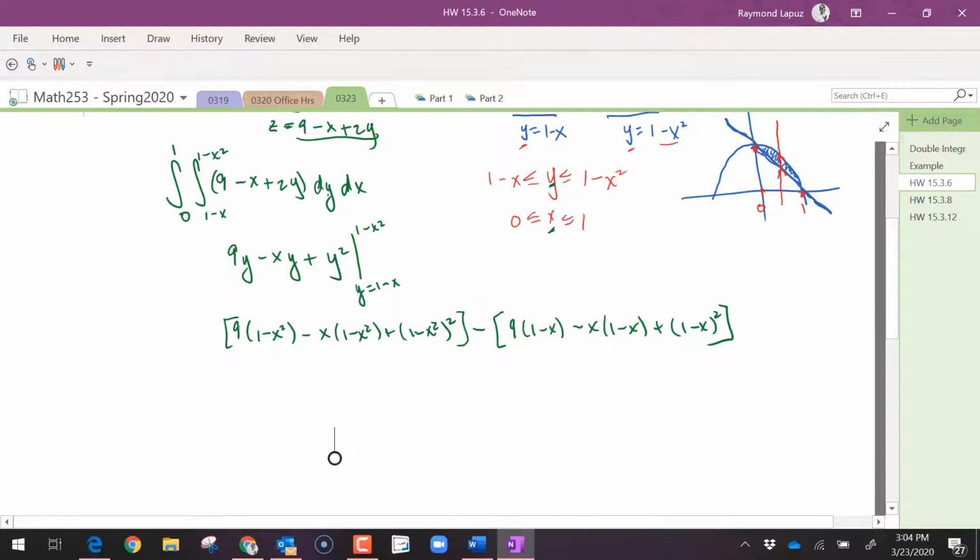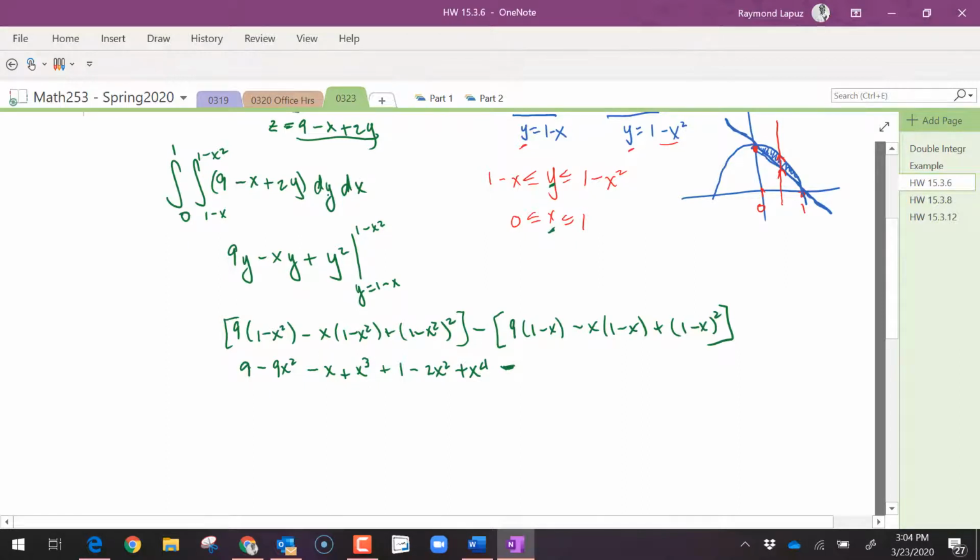Alright, what do we have here? We have 9 minus 9x squared minus x, and then the negative distributes, x cubed. Foil this out, 1 minus 2x squared plus x to the 4th. So that's the first part.